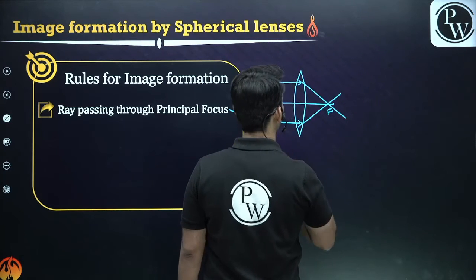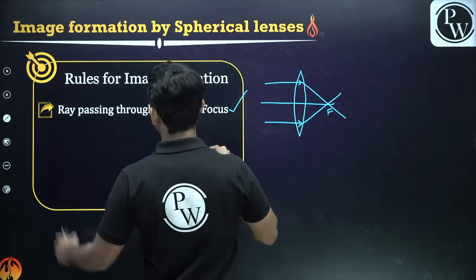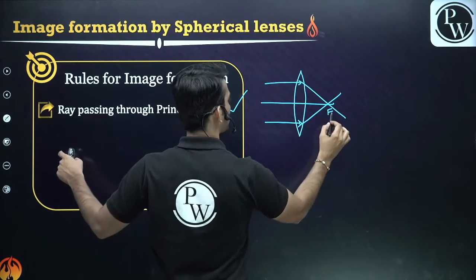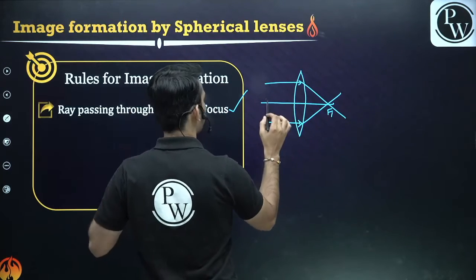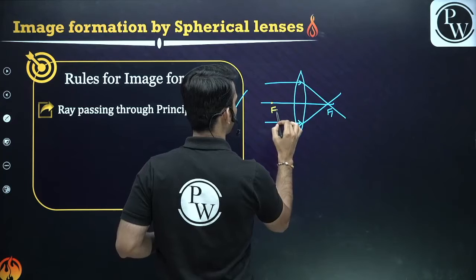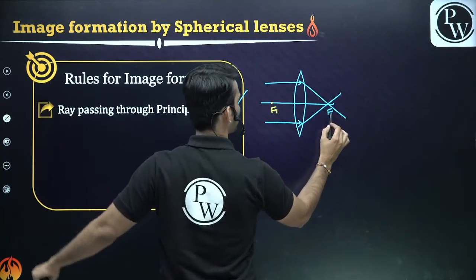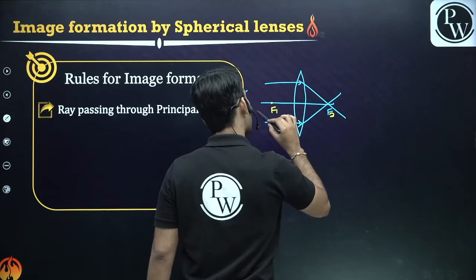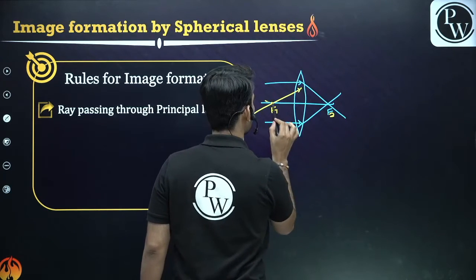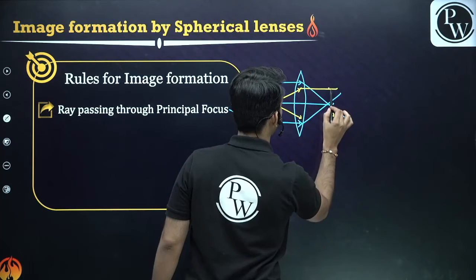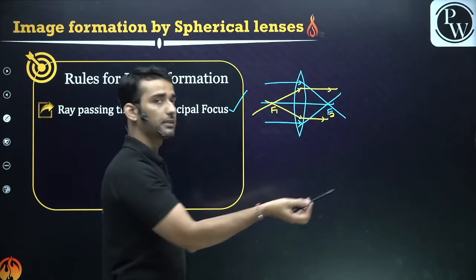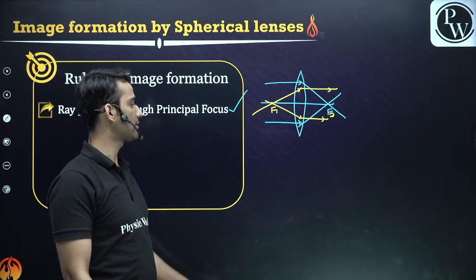Or you can also take rays like this. This is F1 and this is F2, my bad, this is F2. If you pass any ray through the focus, they will become parallel to the principal axis. This is the first ray you can take.